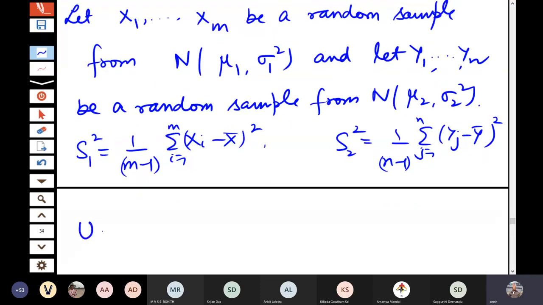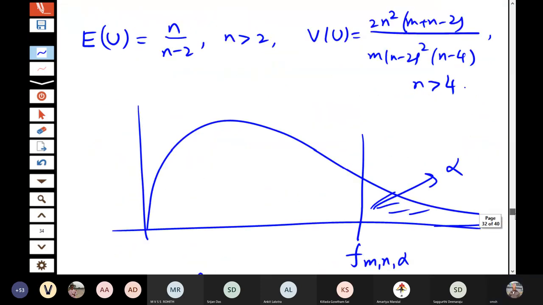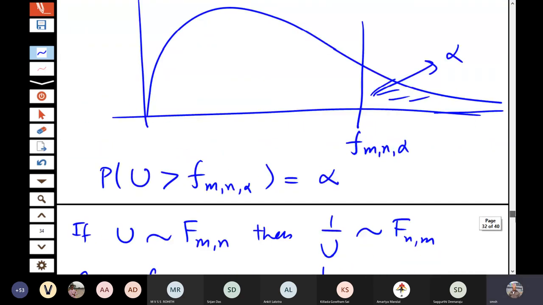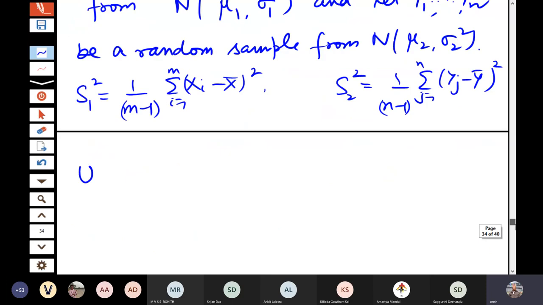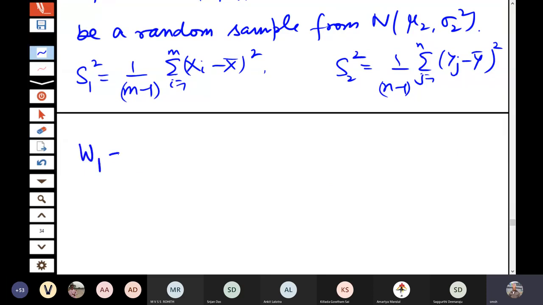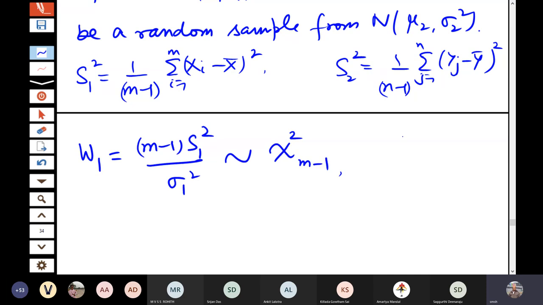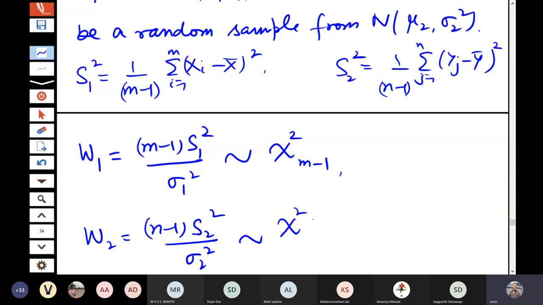Then let me give some names here. W1 is equal to m minus 1 S1 square by sigma 1 square. This will follow chi square on m minus 1 degrees of freedom. And similarly W2, that is n minus 1 S2 square by sigma 2 square, will follow chi square on n minus 1 degrees of freedom.